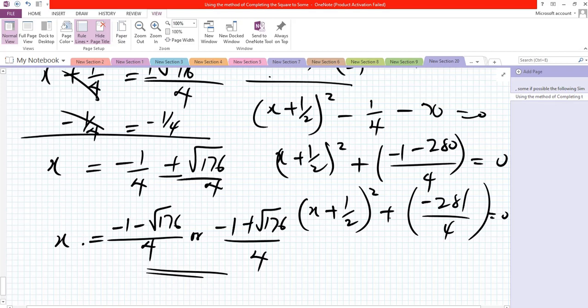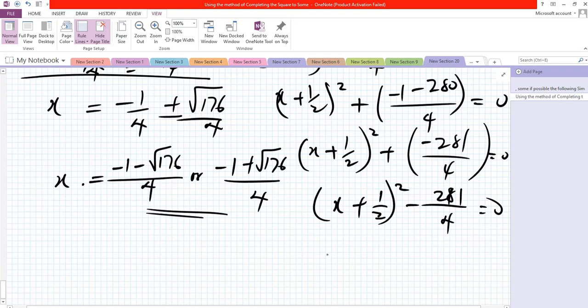So plus times minus will give you minus, so you have x plus 1 over 2 all squared minus 281 all over 4 equal to 0.